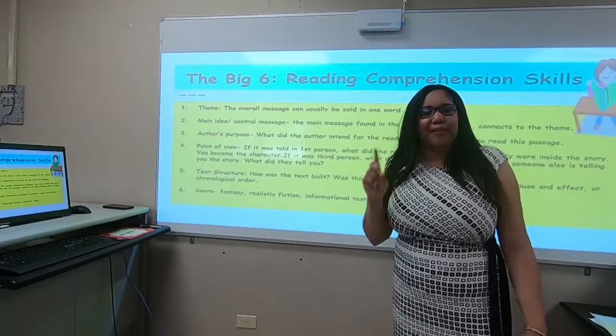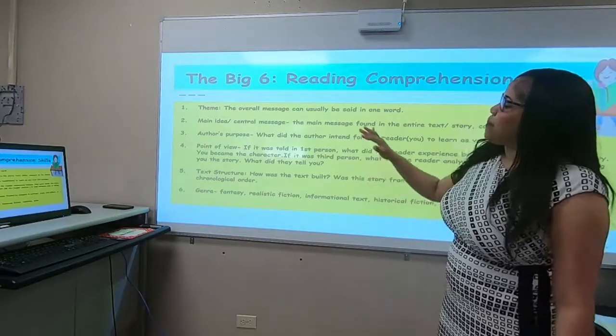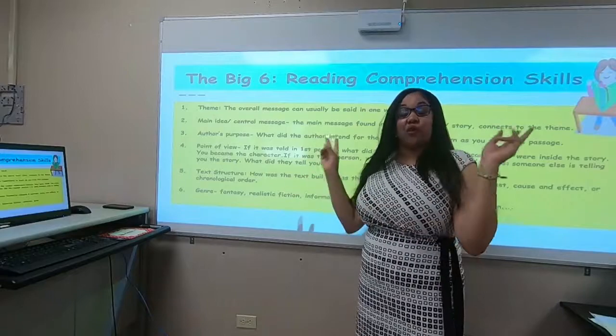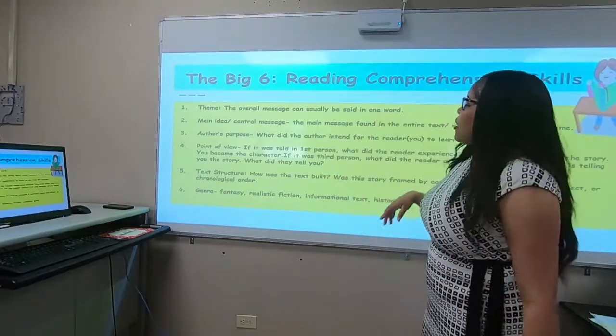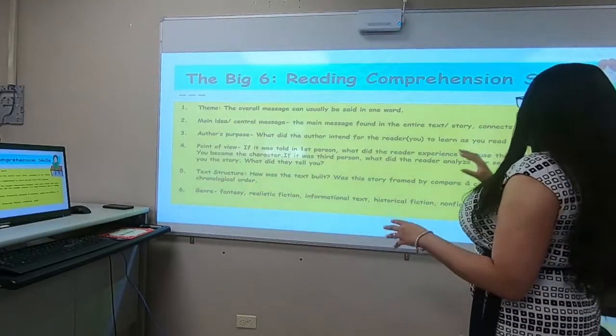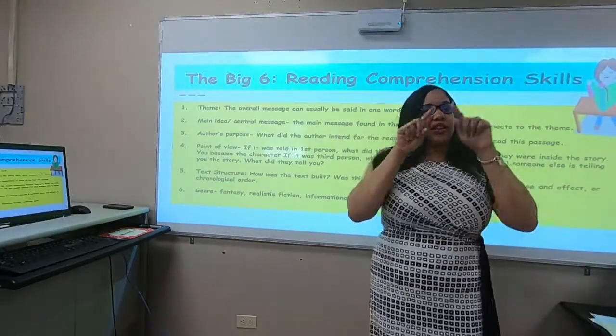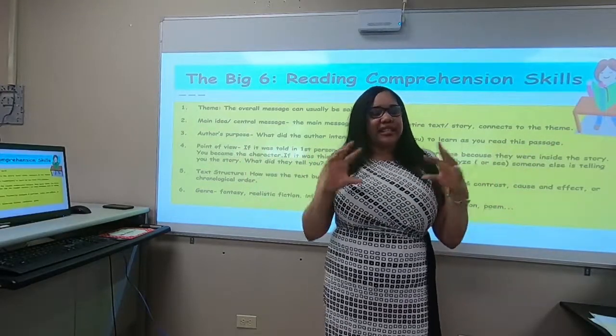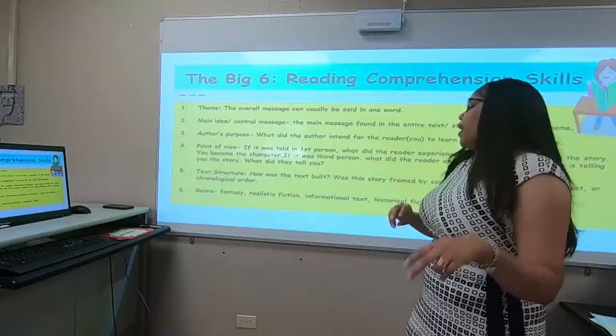Usually you can say the theme in one word, okay? The main idea, sometimes called the central message or even central idea, remember, like our other lesson, is found in the entire text. So it connects to the theme. So the theme is the umbrella, and then you'll use a long sentence to state the main idea or a key phrase.